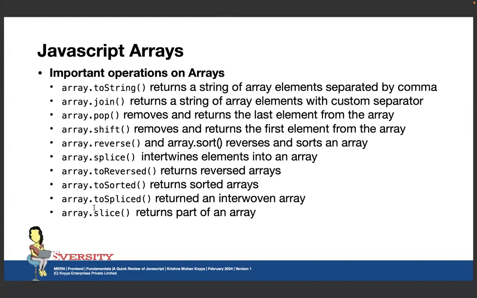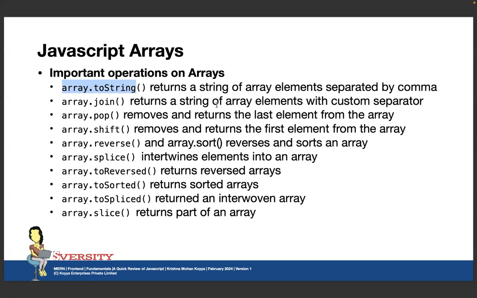And then there are lots of functions of arrays that are of a lot of use. Some of them we are just writing here, but there are many. Any array that contains several elements can be converted into a string with those values just separated by commas. You use the toString operation.